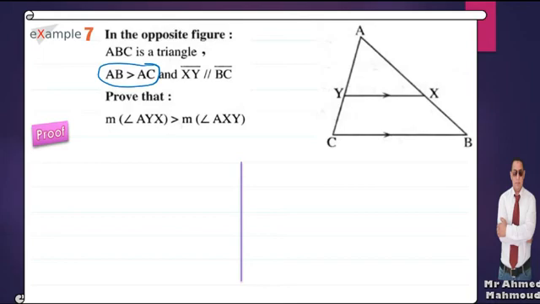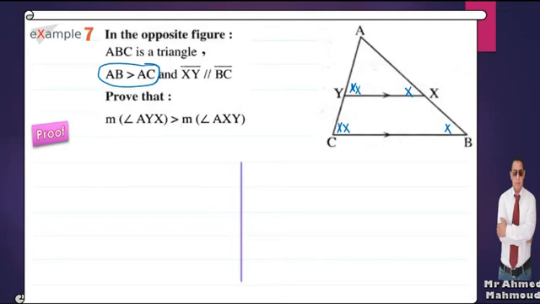AB is opposite to angle C. Since AB is a big side, angle C is a big angle. AC is a smaller side, so angle B is a smaller angle. Angle C equals angle Y, corresponding angles, and angle B equals angle X, corresponding angles. Since angle C is greater than B, angle Y is greater than angle X.